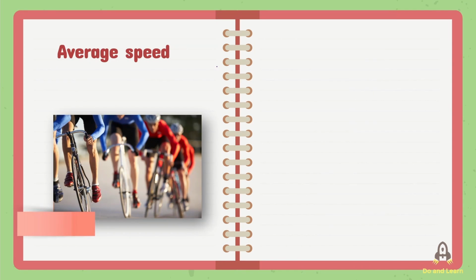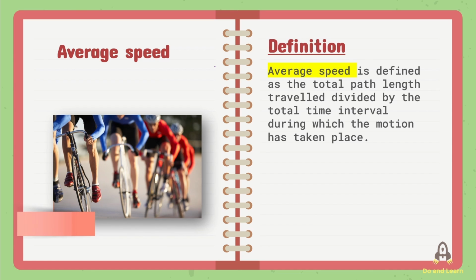Okay. Now let us move to what is average speed. Average speed is defined as the total path length traveled divided by the total time interval during which the motion has taken place. In this case, we will consider the total path length traveled by the total time interval.